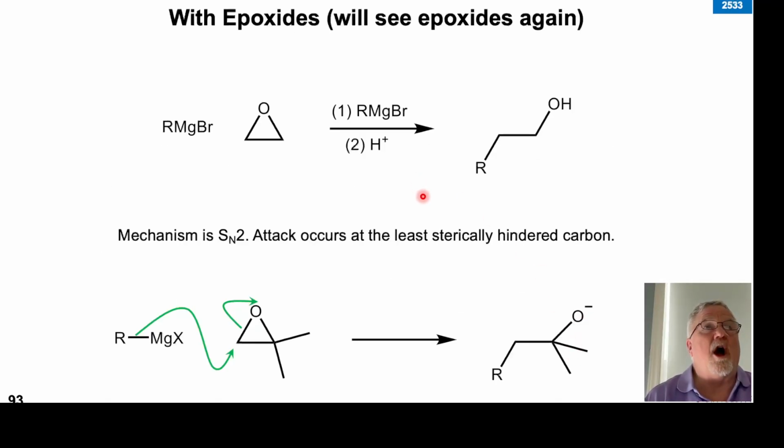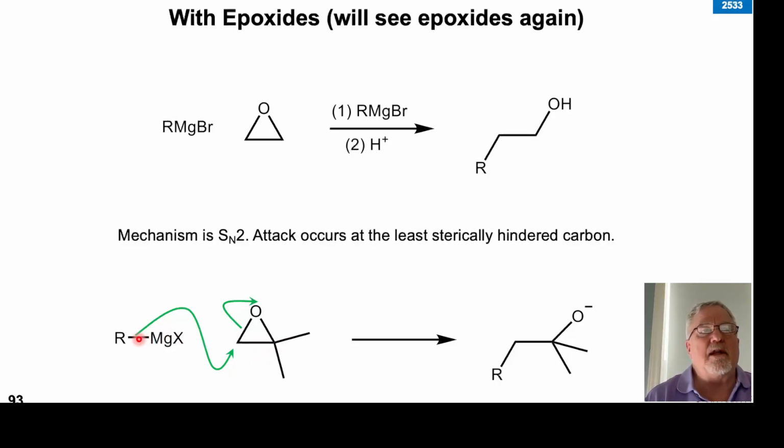Grignard reagents will also react with epoxides. You learned about epoxides in Organic 1. Our nucleophilic carbon will attach to the very unstable carbon of our epoxide, because remember, there's a lot of ring strain here. It wants to break up. It's a two-step reaction too. So here we see a specific example of a Grignard reacting with a substituted epoxide.